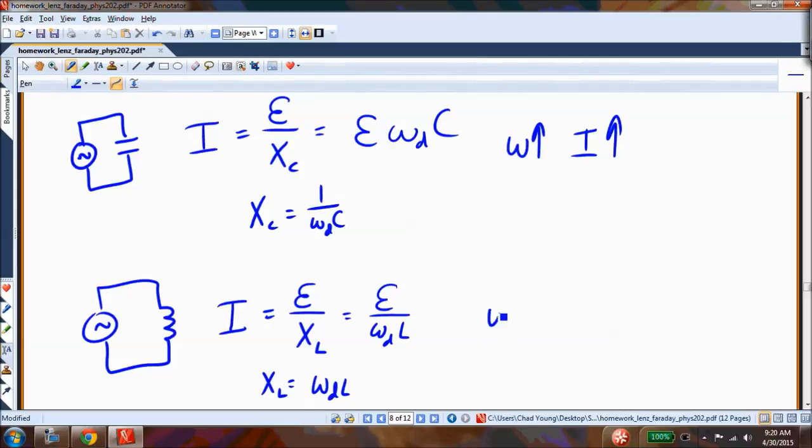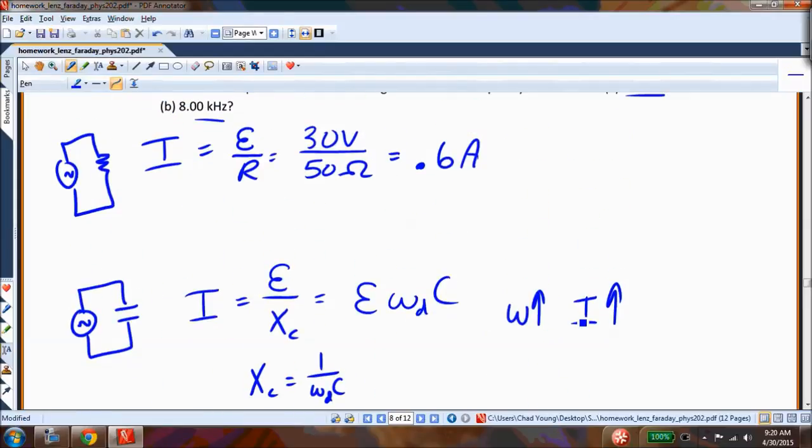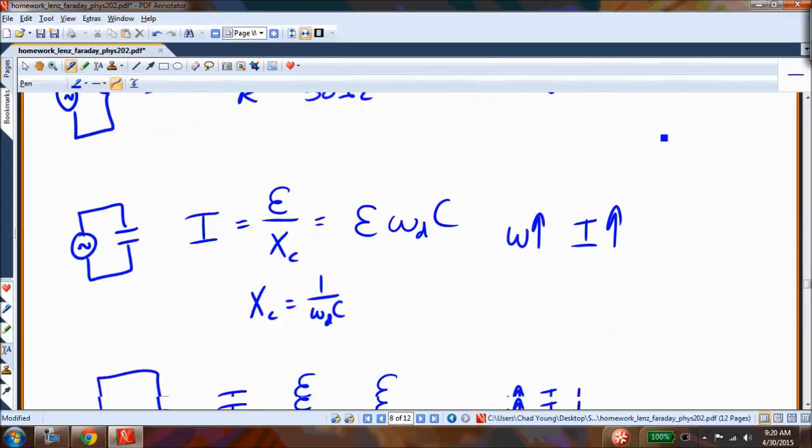I misspoke before. When omega increases here, this current goes down. And with the resistor, when omega increases, this current remains the same. It's unaffected by the frequency of your EMF generator.